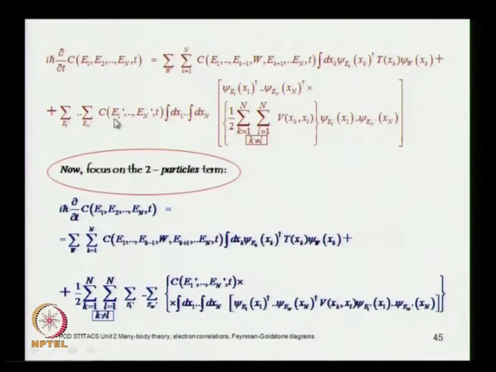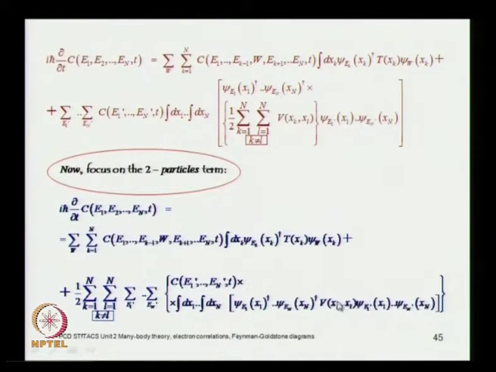You have got the coefficient c, which is here, written along with the time dependence, and then you have got the two particle interaction terms which are being integrated out, because you will have to carry out integration over all of these coordinates x1 up to xn.